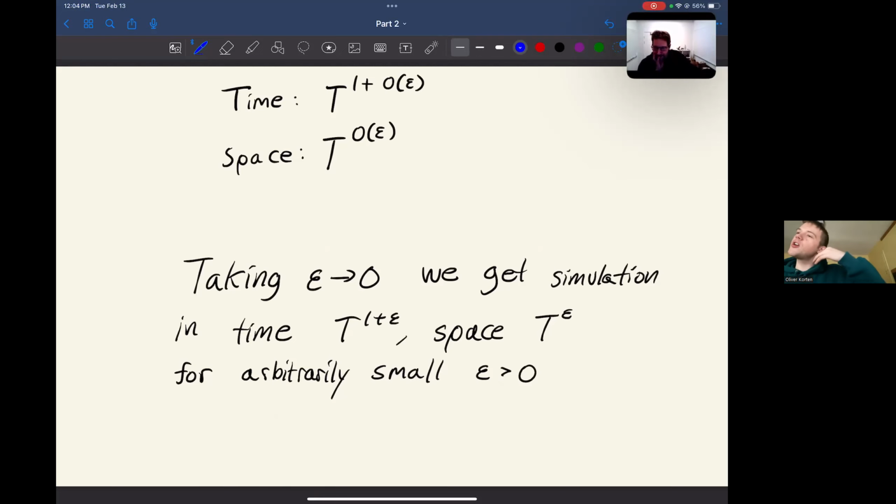The contrapositive is that if I assume this computational lower bound of a time-space trade-off, that means that this simulation has to fail on some computation. And if we go through and find a sequence of operations, that would form a counterexample to the compression scheme.